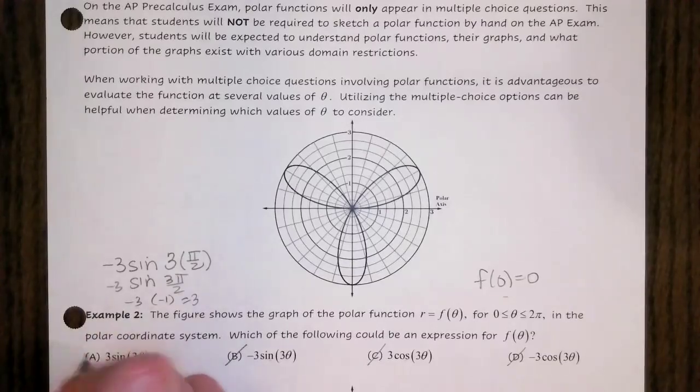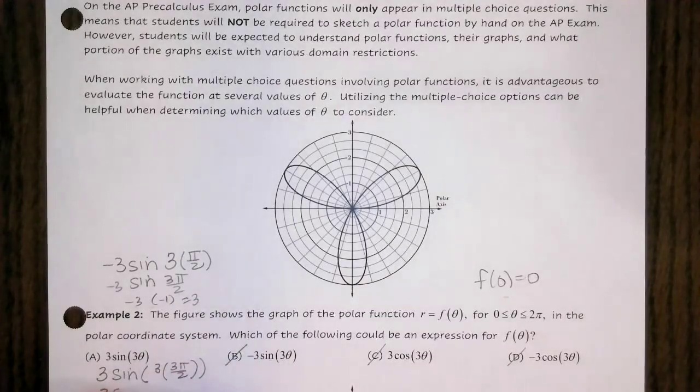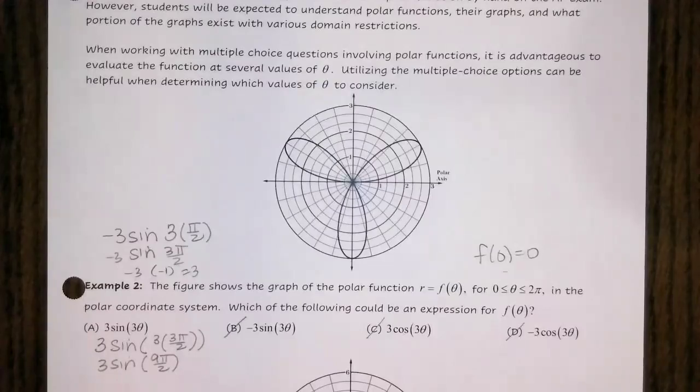I'll go ahead and show you this one just so you can see it works. We get 3 of sine of 3. I'm going to plug in 3 pi over 2. That gives us the sine of 9 pi over 2. 2 goes into 9 four times, and then we have a half a pi left.